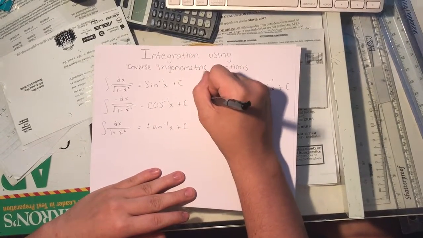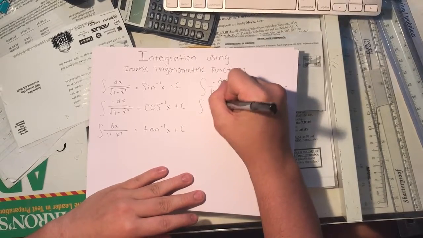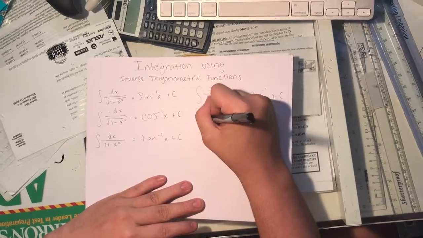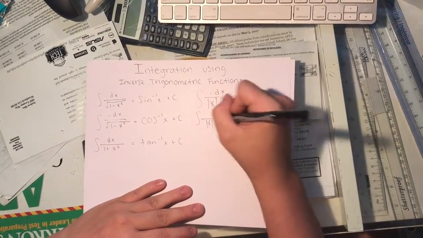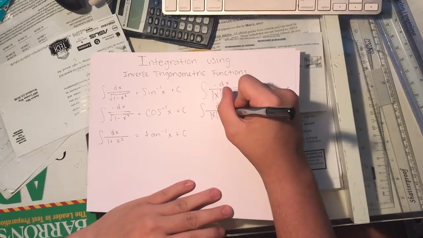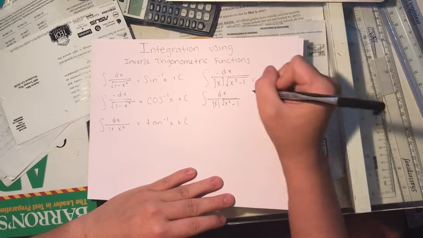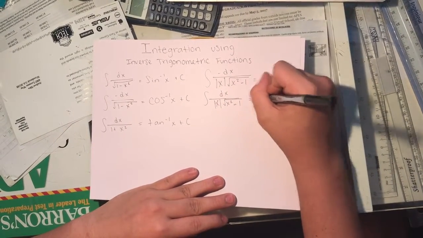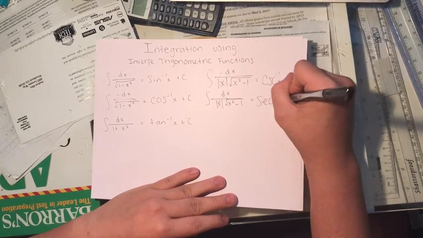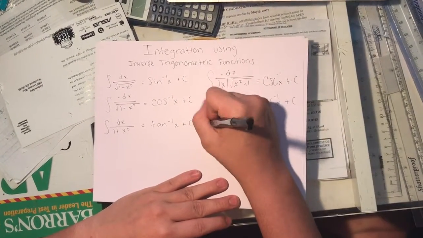It's going to be the integral of dx over the absolute value of x times the square root of x squared minus 1 equals arc secant x plus c. Last but not least, it's going to be arc cotangent.